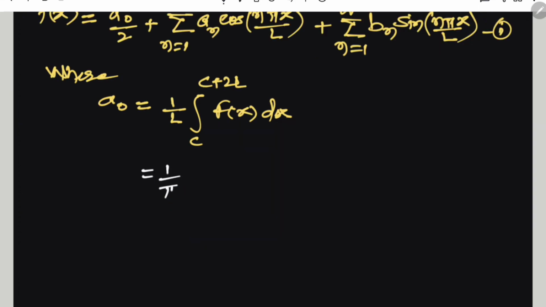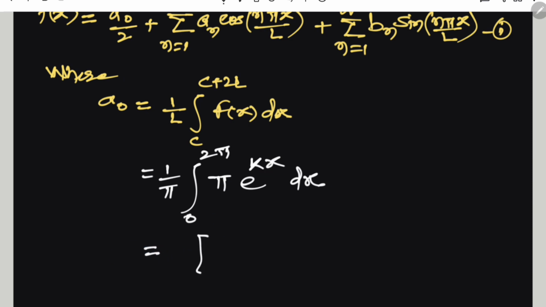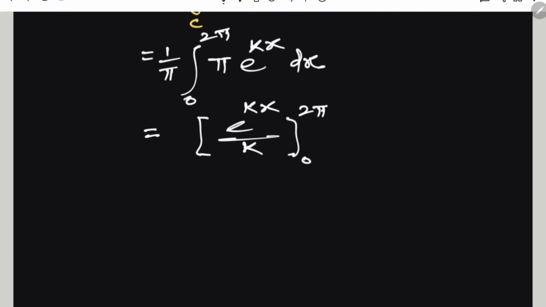Substituting the values, l as pi, therefore 1 by pi integral from 0 to 2 pi, f of x is pi into e raised to kx with respect to x, pi gets cancelled, integration of e raised to kx is e raised to kx divided by k, limit from 0 to 2 pi, 1 by k we take outside.